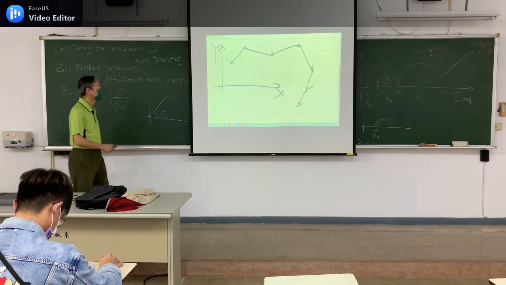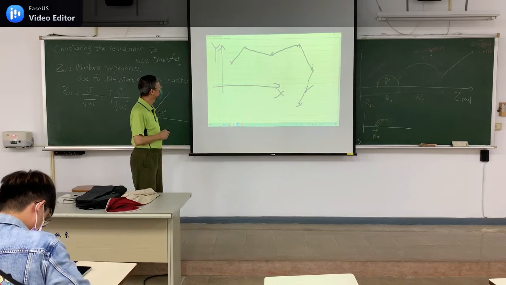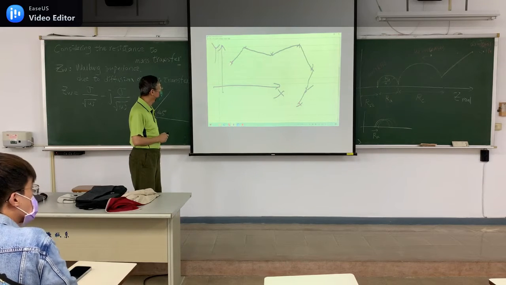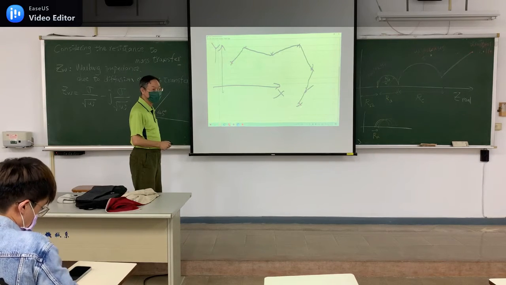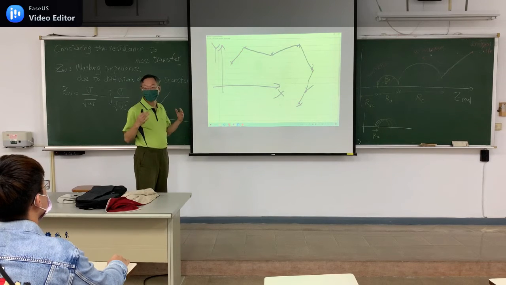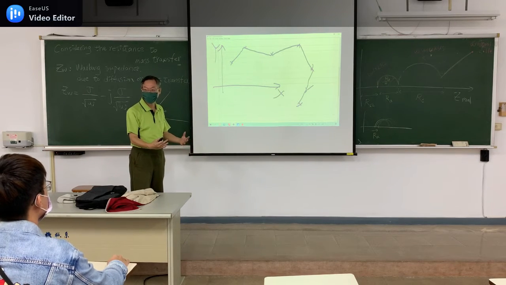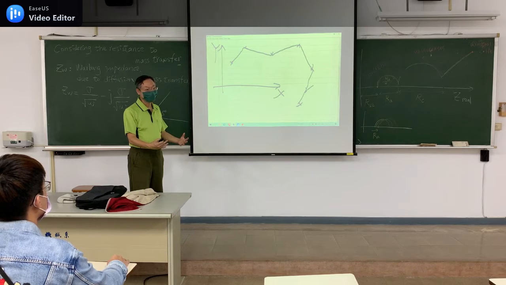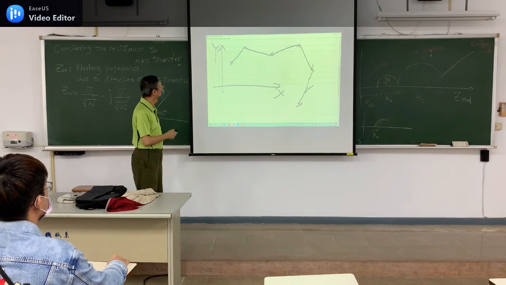So in other words, we hope that from this starting point to the ending point, we want to follow this task as fast as possible, and at the same time, as accurate as possible.